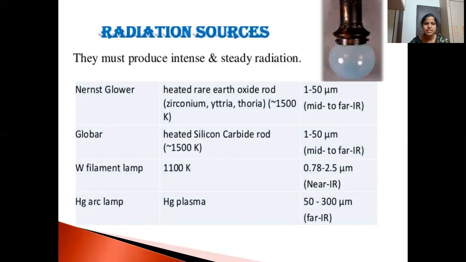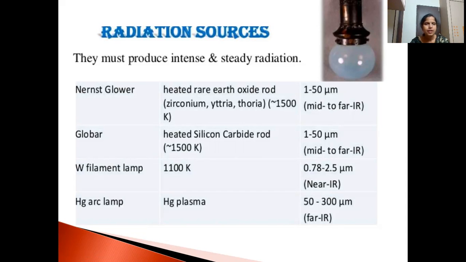When these oxides are heated up to 1500 degrees centigrade, they produce the IR radiations. The radiations are in the range 1 to 50 micrometers, that means they fall in mid to far IR. This is the range where we can detect the various functional groups.